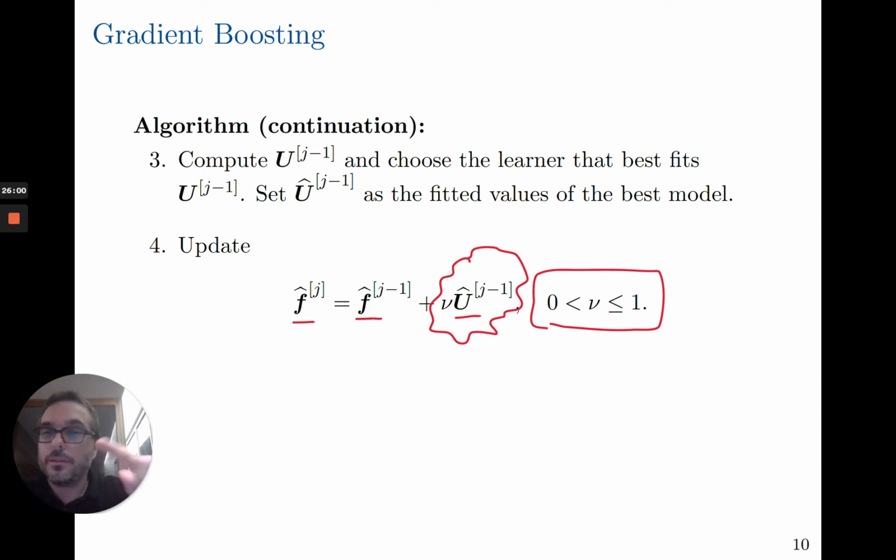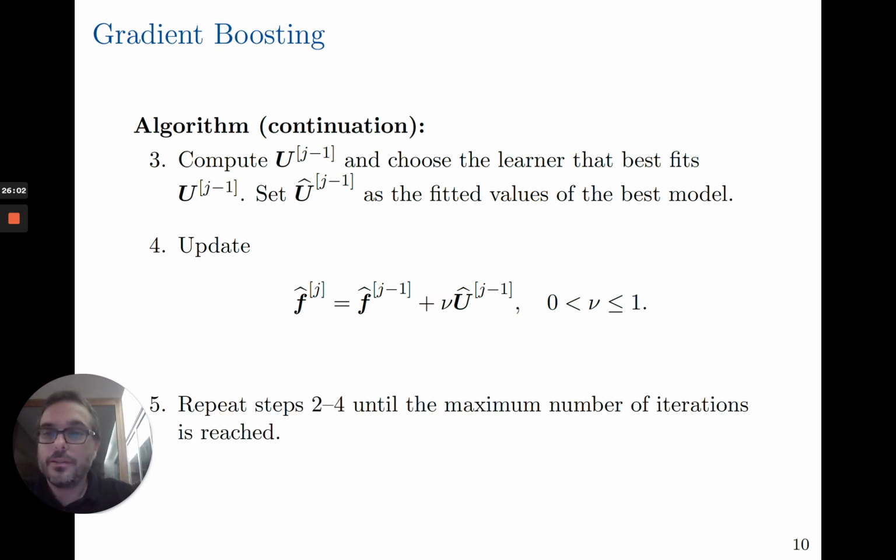We update the fit, we repeat steps 2 to 4 until the maximum number of iterations is reached, or we get a very small error, so we get close enough to the target. There are many ways to stop the algorithm.